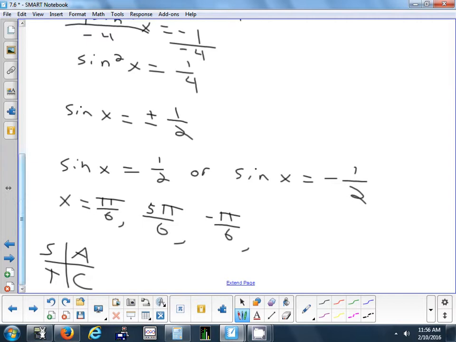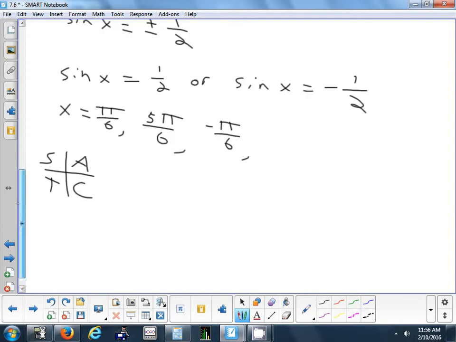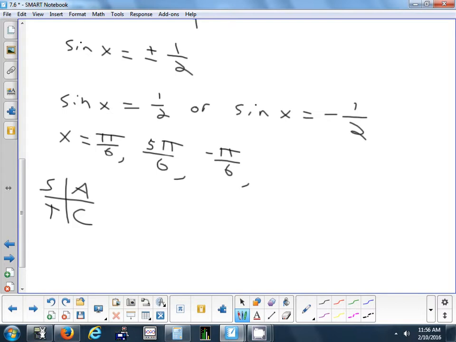And what's the other quadrant where sine is negative? We just got an answer here. All right. My reference angle here, you always look at that as a positive. So my reference angle is pi over 6. What do I do in quadrant 3?